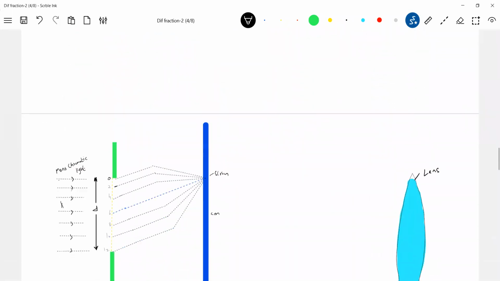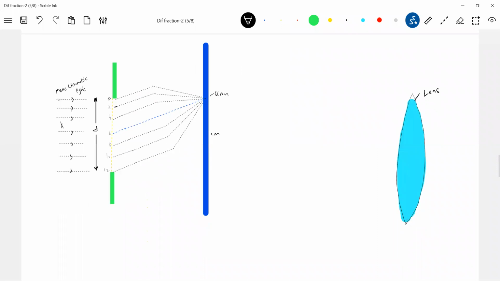After this, I will break up this slit into 4 parts. I think it will be a little difficult to divide those 12 rays into 4, so it'll become 0, 3 like that. We'll break up this slit into 4 parts.